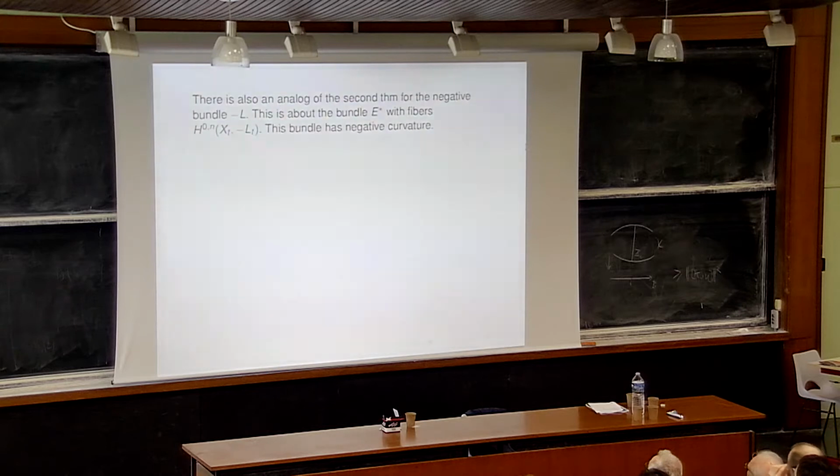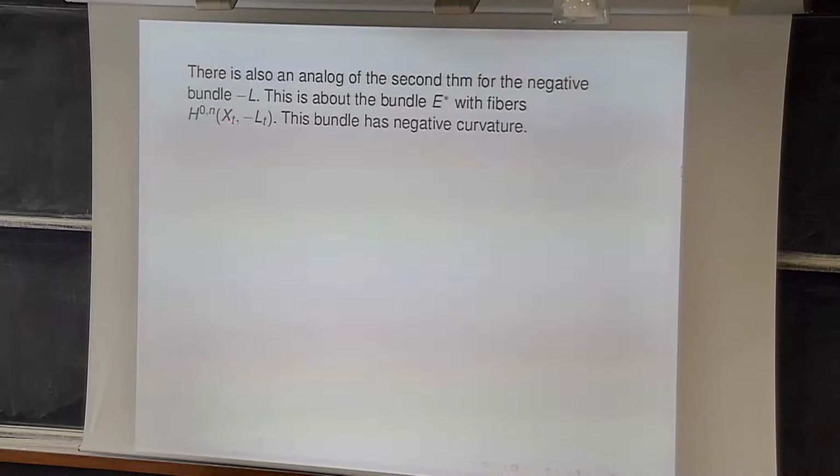So now the theorem is about the dual bundle, E star, whose fibers, the dual of H^{n,0} with coefficients in L, is the space H^{0,n} with coefficients in minus L by Serre duality. And the conclusion is that this bundle now has negative curvature instead. Because E had positive curvature, so E star has negative curvature.